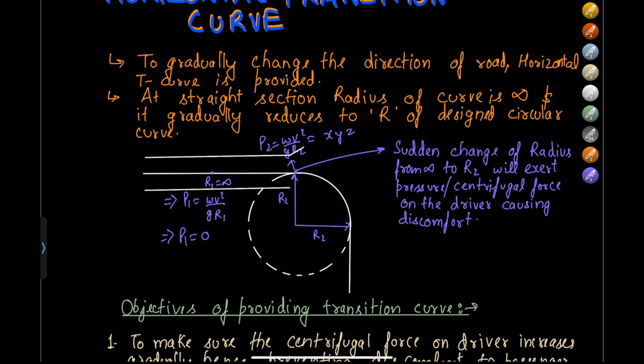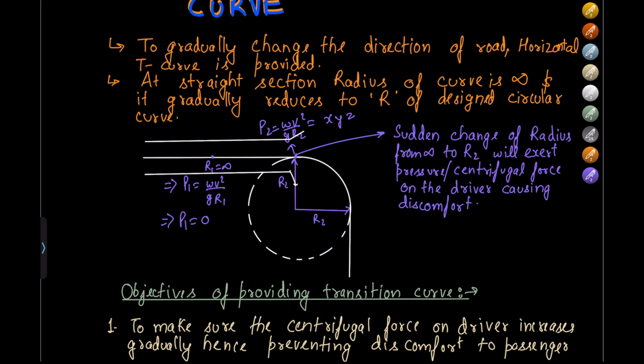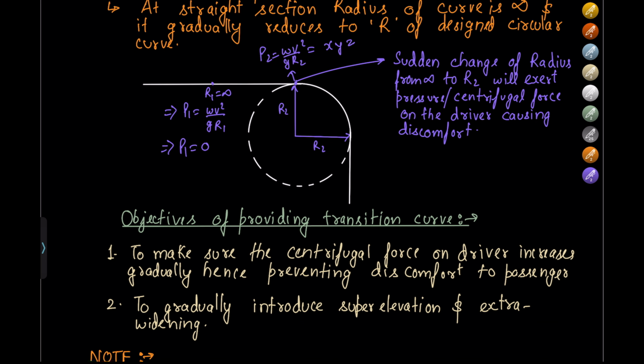If we suddenly increase the width, it will be unaesthetic, and it is not possible to increase the width of the pavement suddenly, and also super elevation is not provided suddenly. That is why we need to provide the transition curve for transitioning the vehicle from a straight road to a horizontal curve.